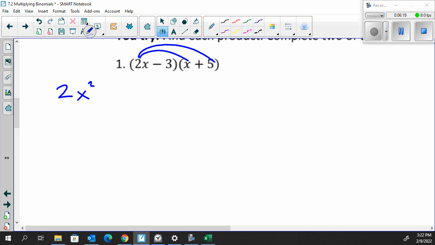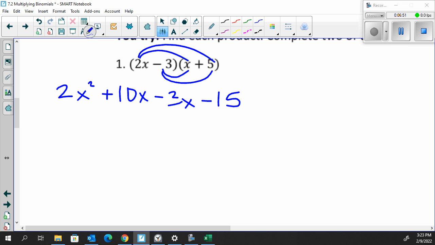What's that? Plus 10? 10 what? 10x. All right. So there's the first half. Now I do that exact same thing just with -3. So -3 times x, what's that? And -3 times 5. Positive or negative? Negative times a positive? Negative.